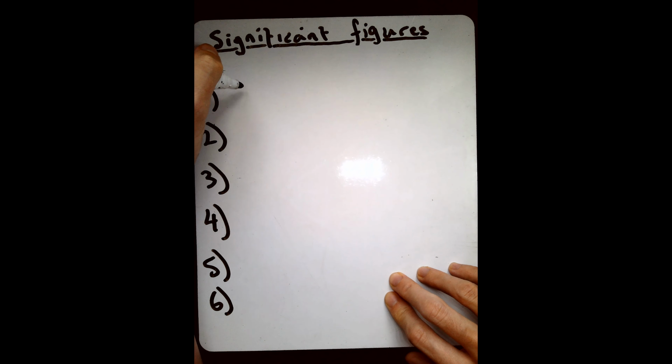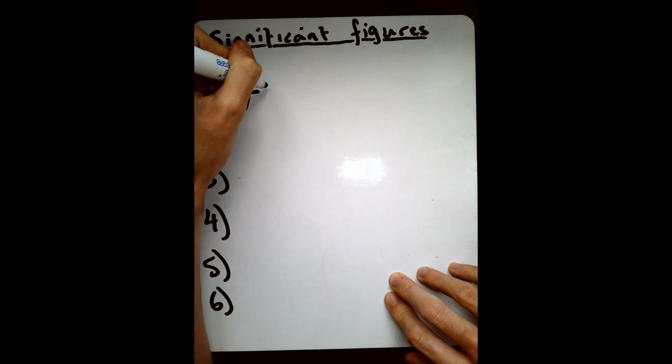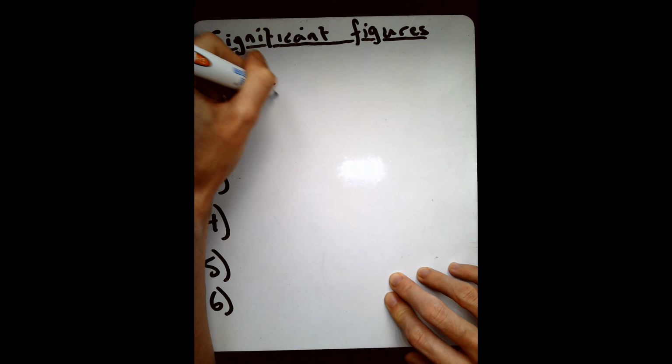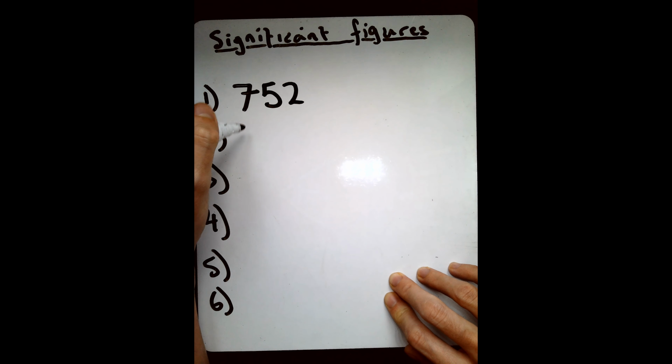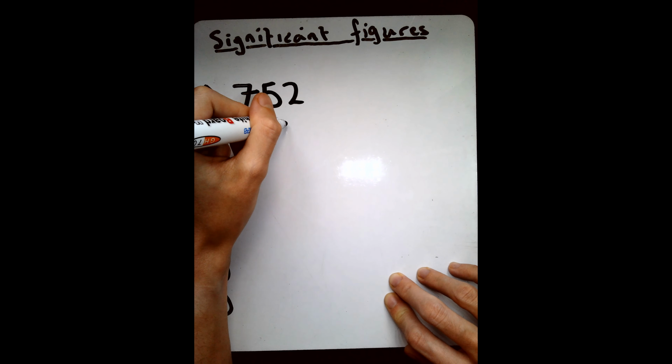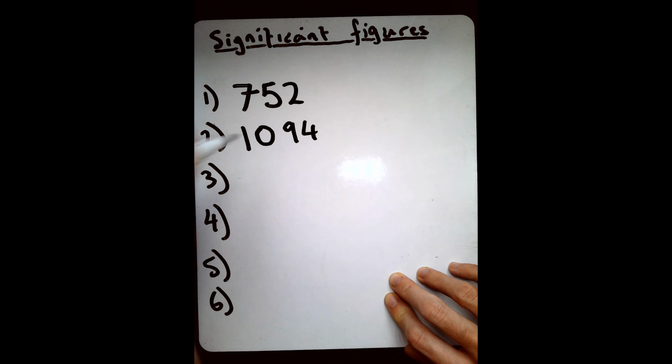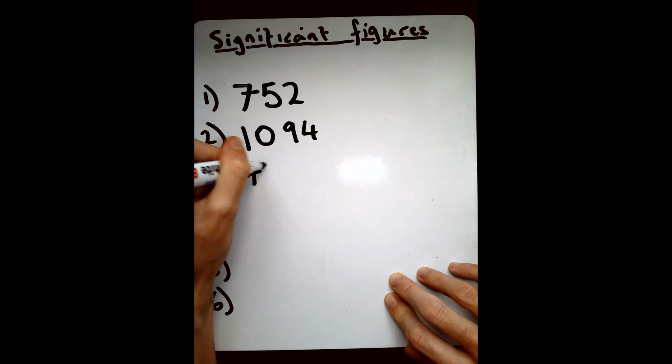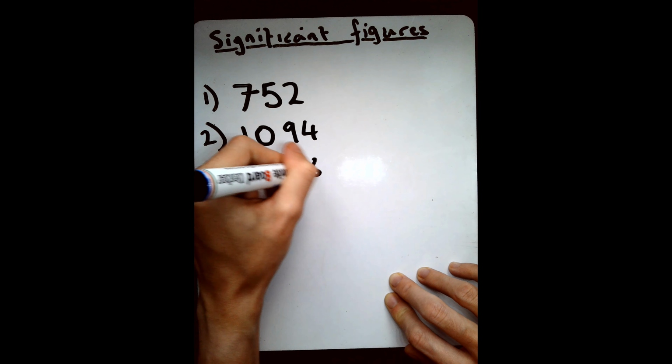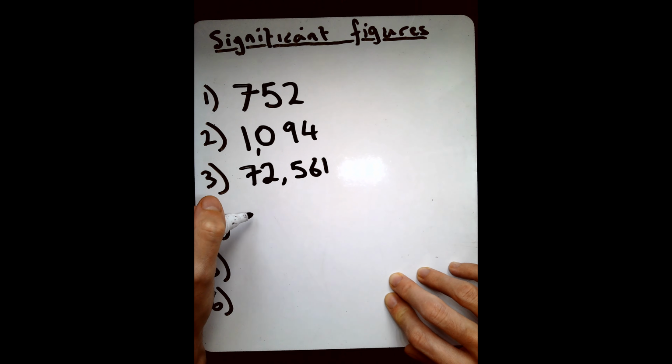So first number we'll look at 752, and then we'll go with 1094, 72,561, and then we'll have a look at some decimals again.